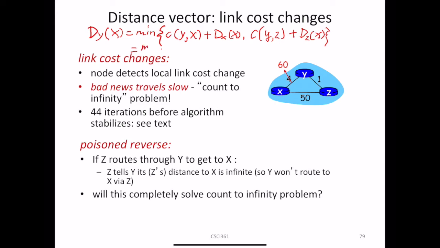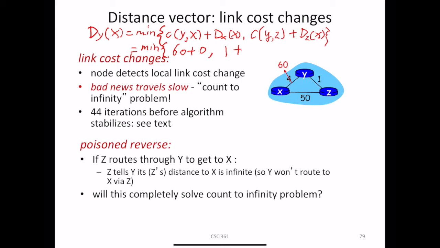And then we know the cost from y to x will change to 60. And x to x is equal to 0. The cost from y to z is 1.